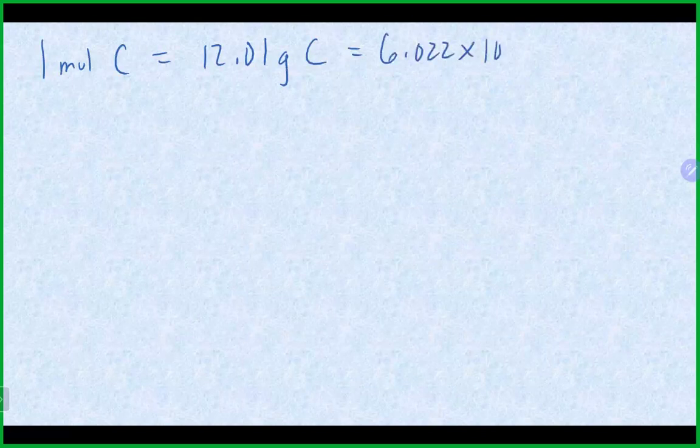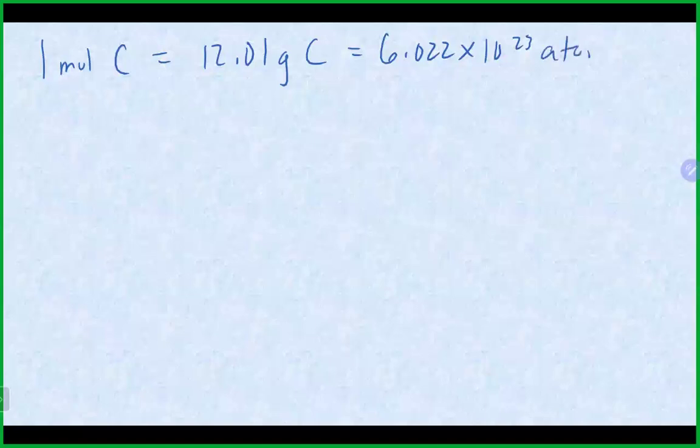So for example, if I had 1 mole of carbon, that would be 12.01 grams of carbon, right? And that would also be the way it ties into Avogadro's number, 6.022 times 10 to the 23 atoms of carbon.